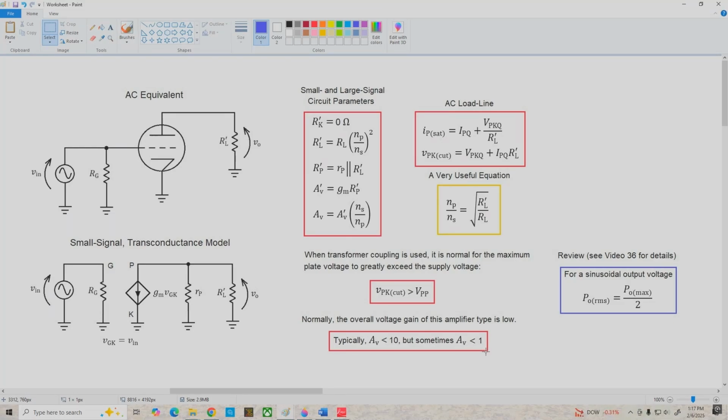And one more thing I'd like to go over that's a bit of review we haven't talked about for a long time is the relationship between maximum power or peak power and RMS power. For a sinusoidal voltage, RMS power is equal to the peak or maximum power divided by 2. We talked about this back in video 36 as well.